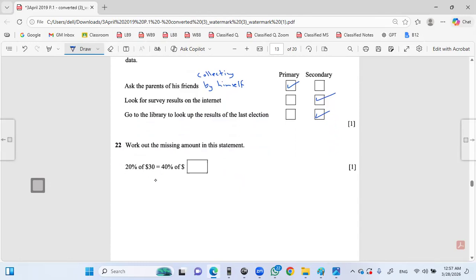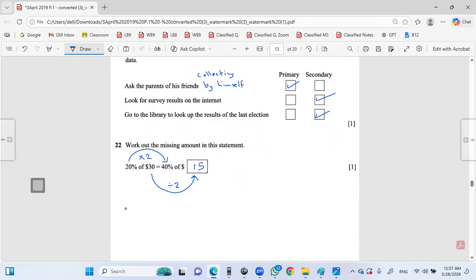20% of 30 is the same as 40% of what? When you find a question like this, try to find the relation between the percentages and do the opposite in the amounts. The percentage here got doubled, so do the opposite: divide by 2. That's it.